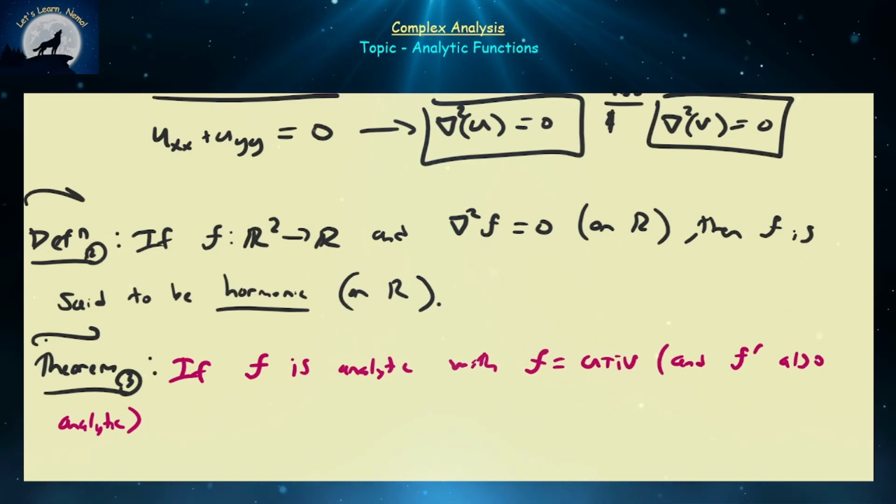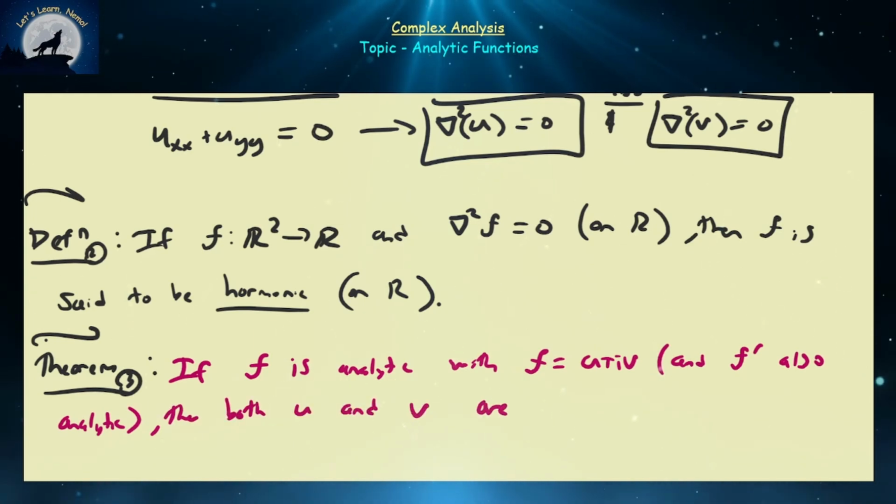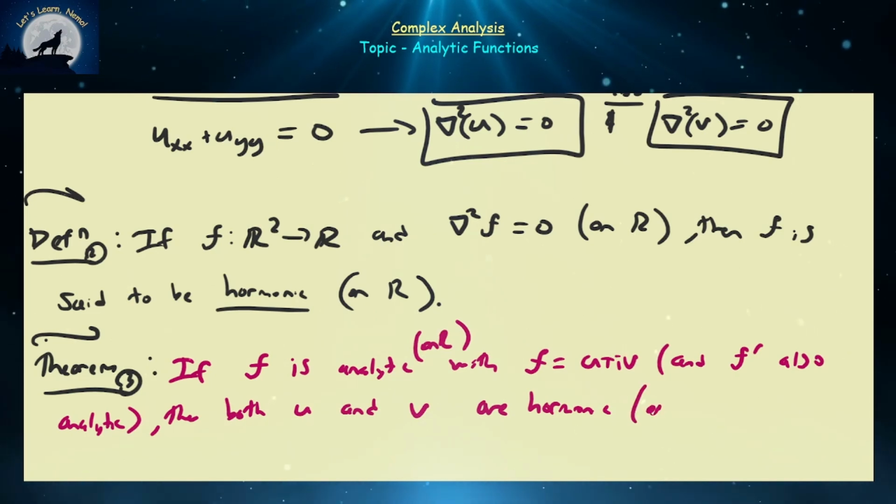But let's assume that's not necessarily true yet. Then both u and v are going to be harmonic on some region R. So every analytic function has real and imaginary parts that are both harmonic functions.